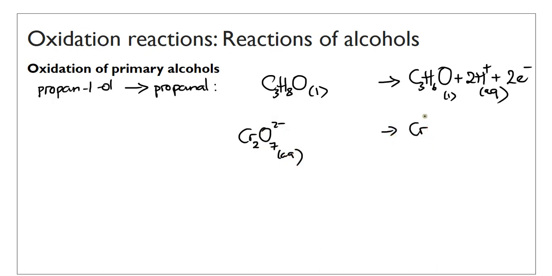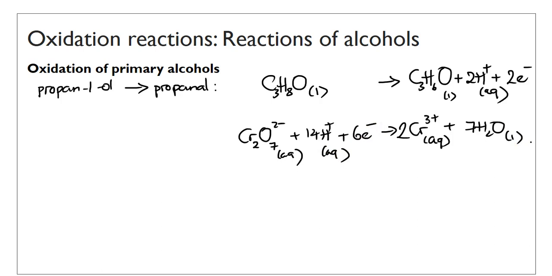I don't think you need to memorize the entire half equation. If you know how to use COHES, you can write it every time yourself. But keep in mind that Cr2O7 2- will undergo reduction to form Cr3+. And if we follow COHES, balance key element, add 7H2O, add 14H+, and add 6 electrons, and that's going to be your reduction.